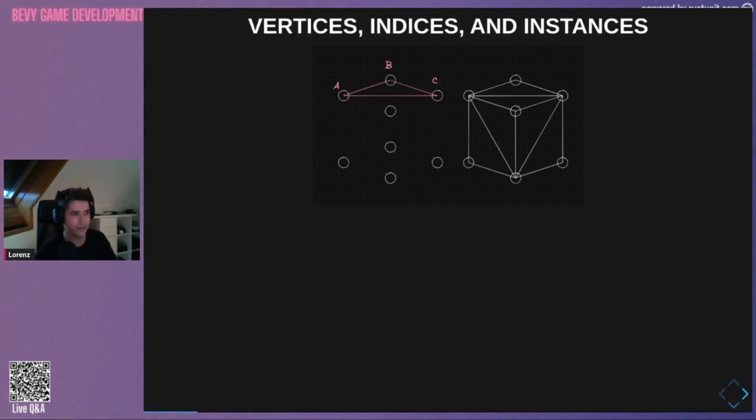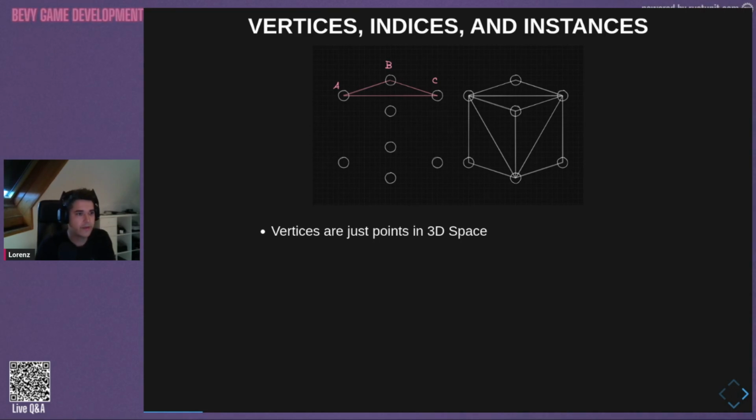That's where the indices come in. So first we pass in the list of the points, and then we pass in a big array of indices that describe the order in which these vertices are connected. And finally, we have the instances. This just describes how often the same vertex is drawn. This probably makes no sense right now, but we will look into it later.